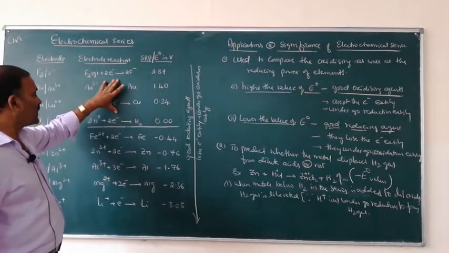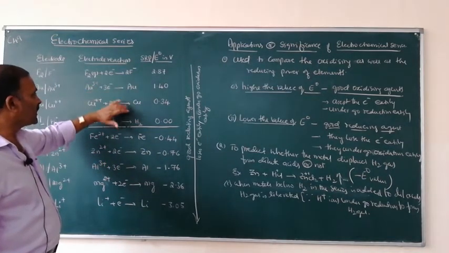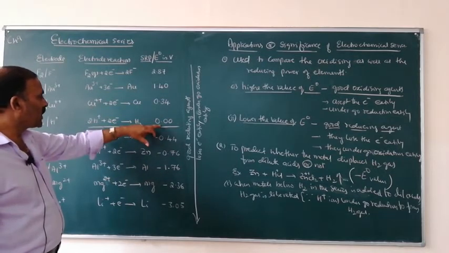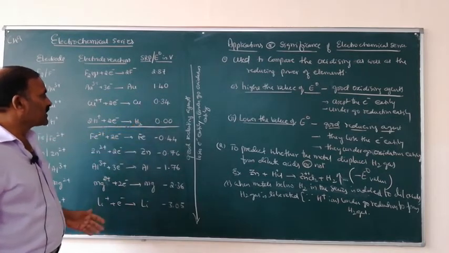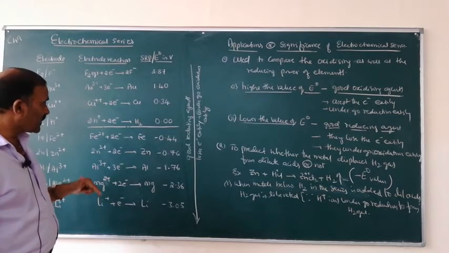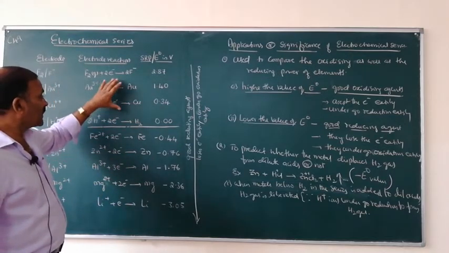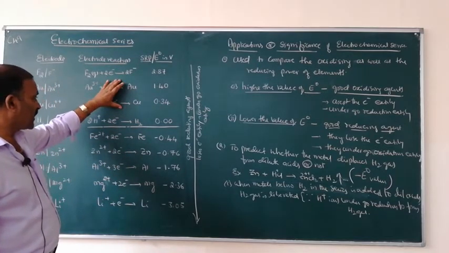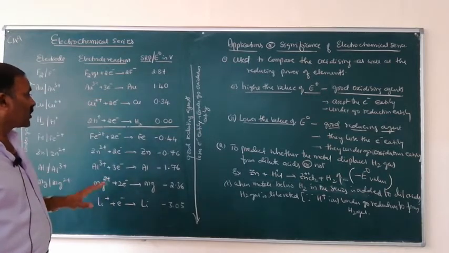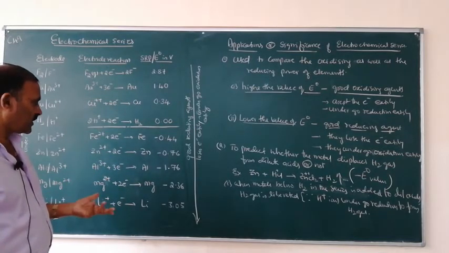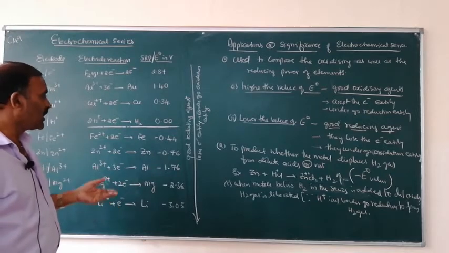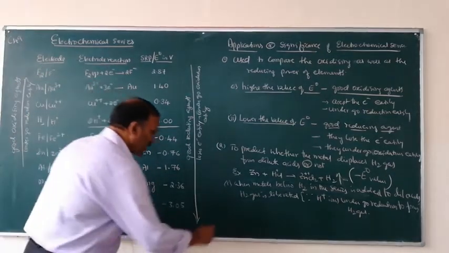When the metals above hydrogen in the series are added into dilute acids, hydrogen gas is not liberated because here these metals undergo reduction and hydrogen undergoes oxidation. Therefore, hydrogen gas is not liberated.